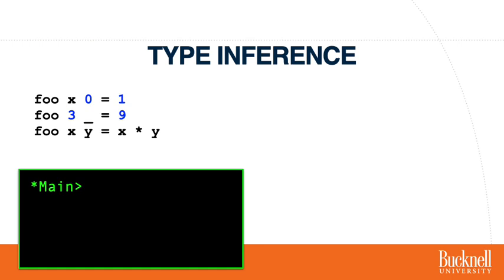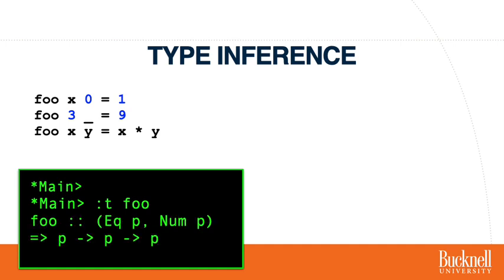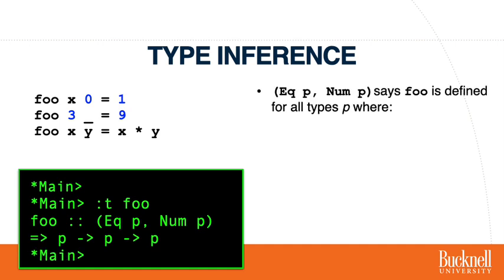Let's consider a more complex example. We'll take the type of foo. We have foo, Eq p, Num p, p to p to p. What does that mean? Haskell has inferred a type for foo.